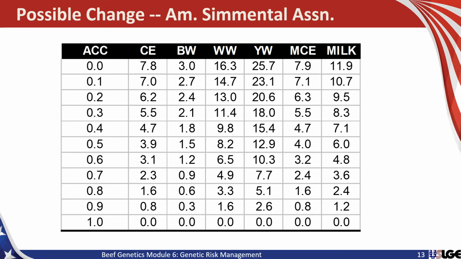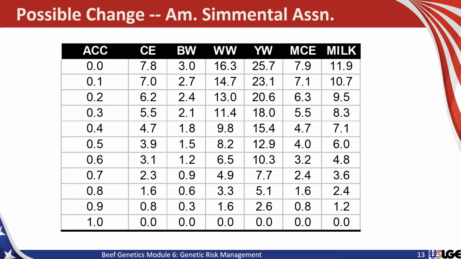So we can see here, as we increase in accuracy, or we go from the top of the table towards the bottom of the table in any individual trait, we see that the possible change, or the standard error predictions, decrease. And you'll notice as we go from a 0.1 to a 0.2 accuracy, we'll use calving ease here as our example, we decrease the possible change, or the standard error prediction, by 0.8.